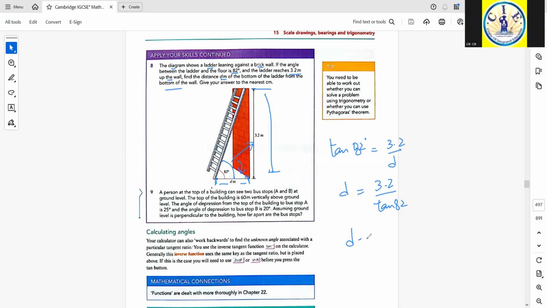So the value of d is 0.449, or that is equal to 0.45 meters.